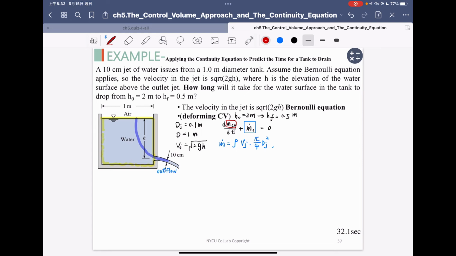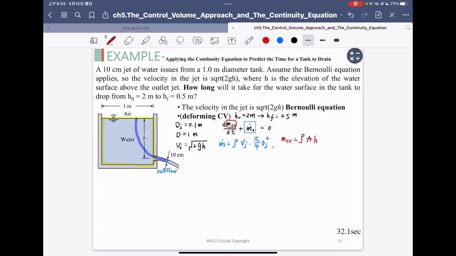We know that the mCV indicates the water mass inside the water tank. It depends on the control volume we have defined, as showing here. So mCV is equal to the tank area A, and if the water depth is H, this is the water volume inside the tank, and we multiply by rho.